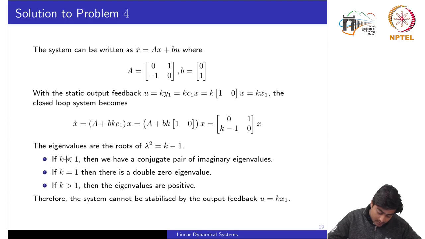So for all the values of K, using this control law u = k x1 would never give you a stable system. That is to say the system cannot be stabilized by this output feedback.